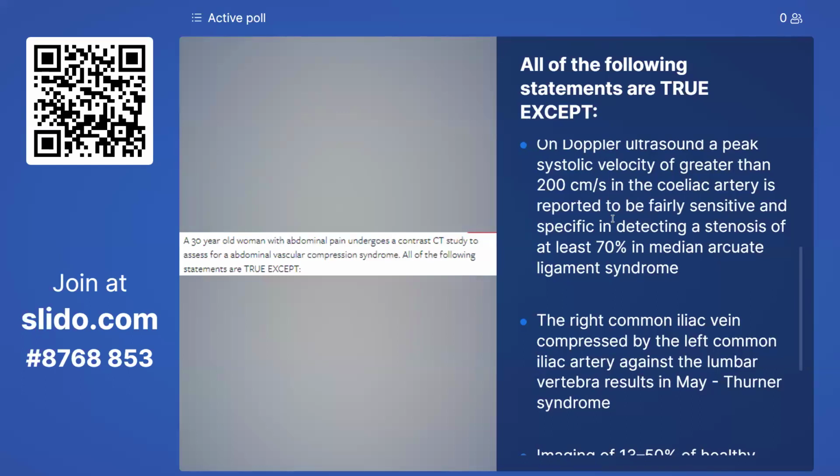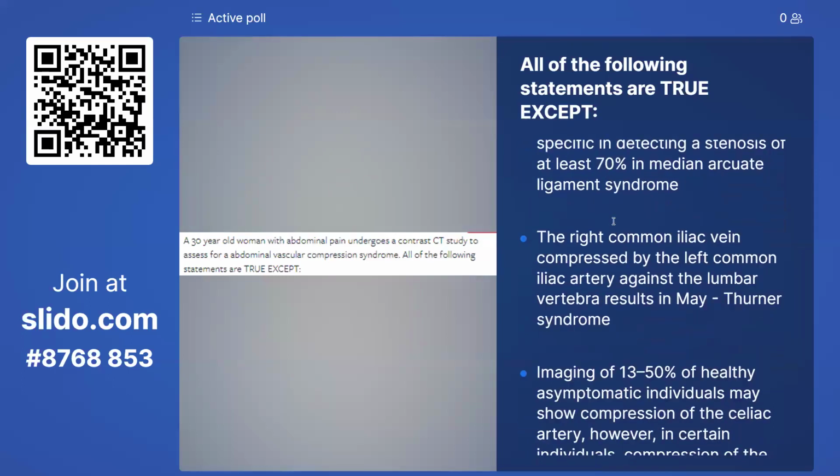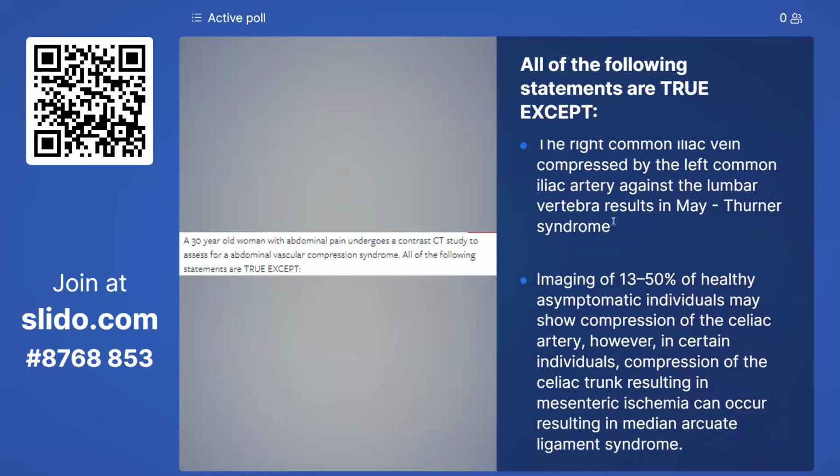Yes. Perfect. Would you like to take this case? Okay. Please let me know in the chat, or you can just speak up if you want me to show you all any particular option again, because the options are longer.